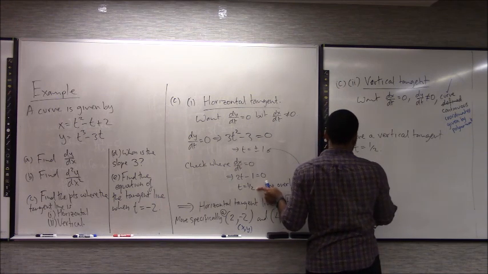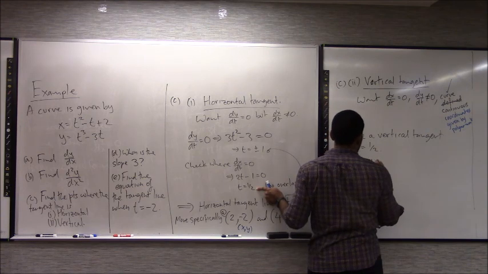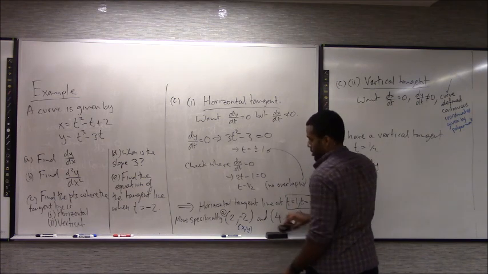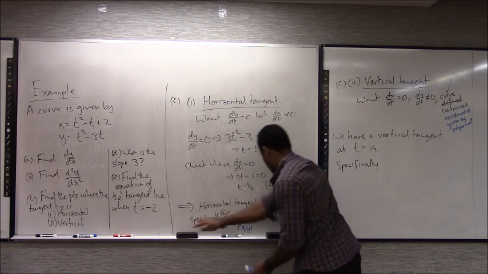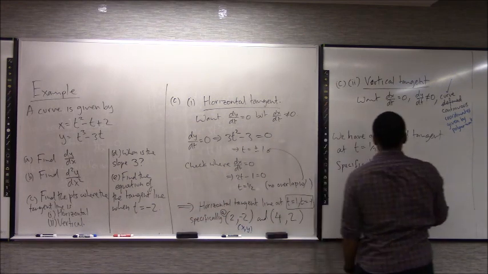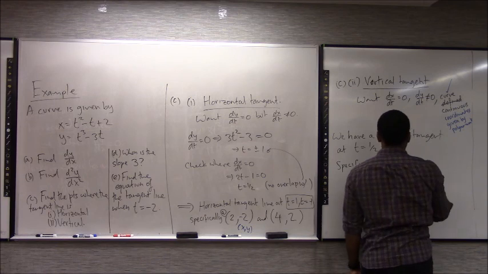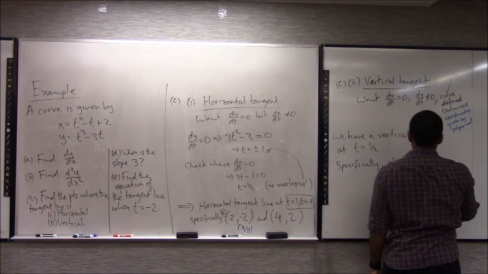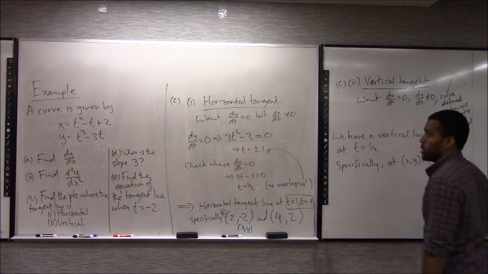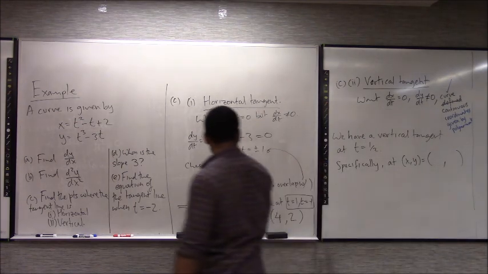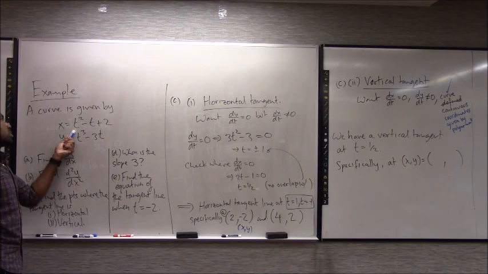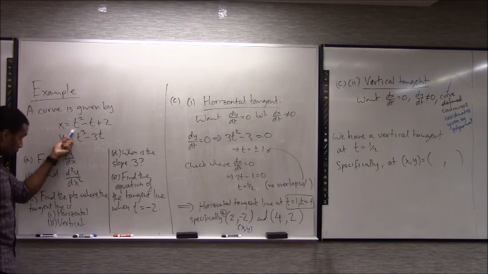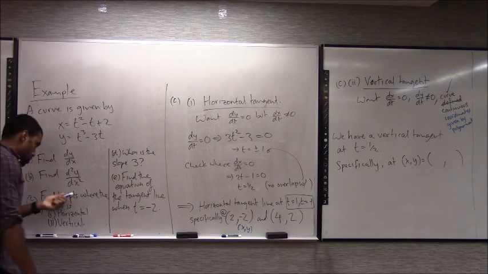More specifically, at the xy coordinate, I would go here and I would plug in a half. It's going to be messy. Okay, so that's going to be a quarter minus a half. It's minus a quarter plus 2.